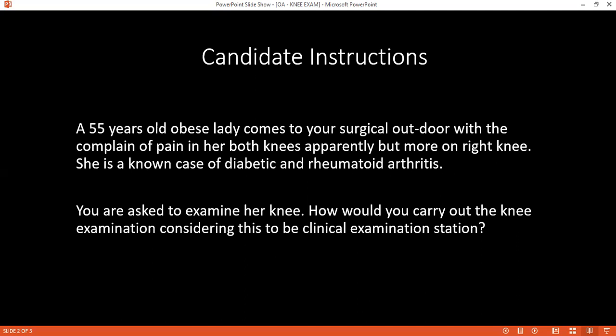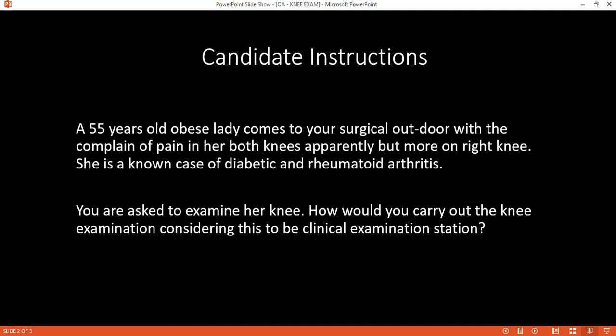What would you look for in the MRI scan? For the MRI scan, I'll be interested in the status of the ligaments, the cruciate and the collateral ligaments, and also the menisci. All right. Okay. What management can you offer this patient?